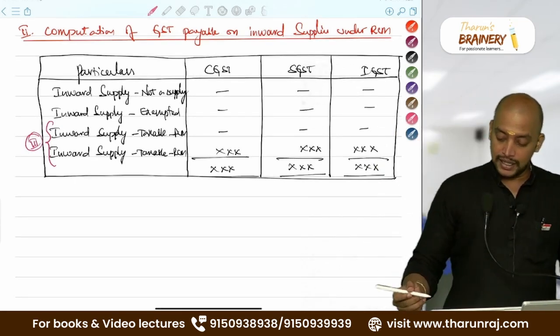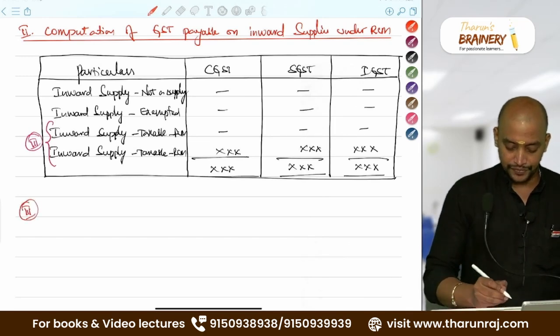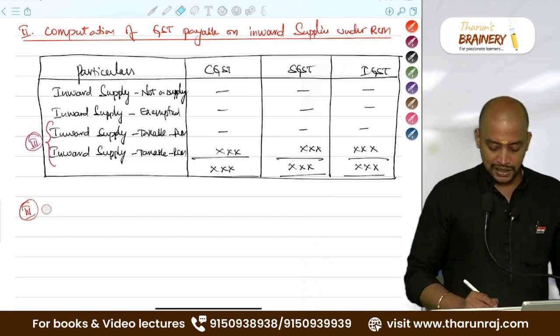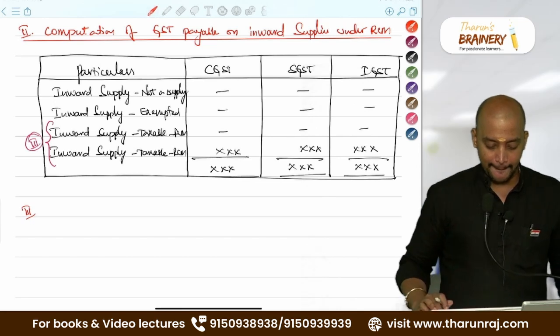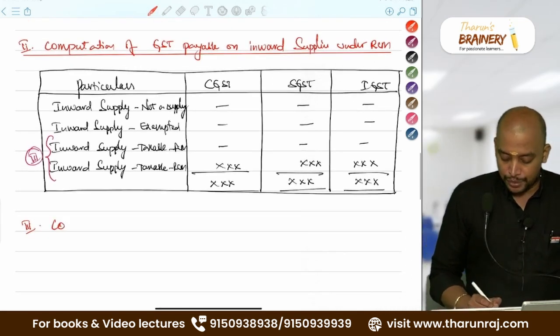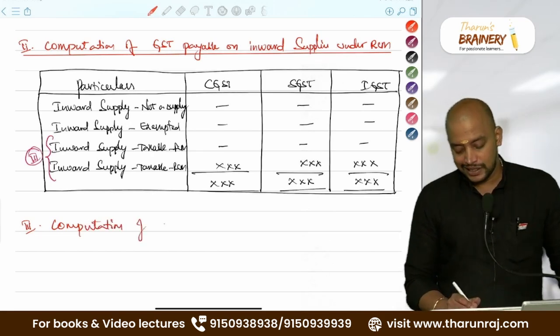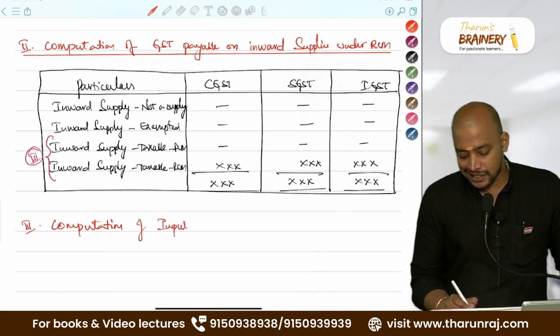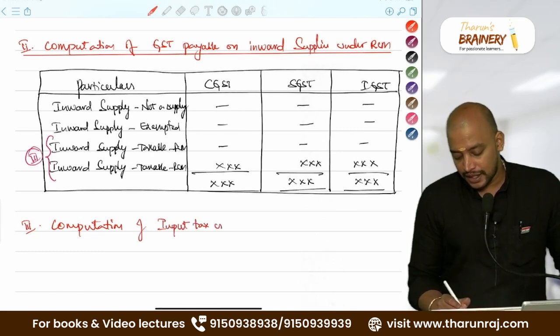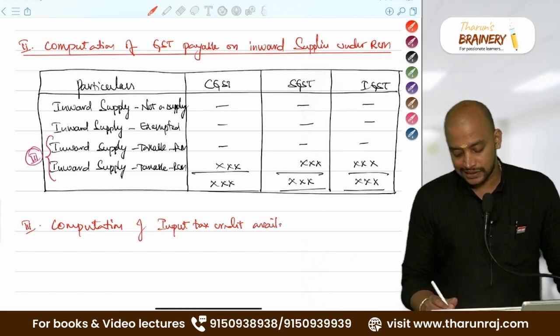Next, now the third statement, that is computation of input tax credit availed and reversed.